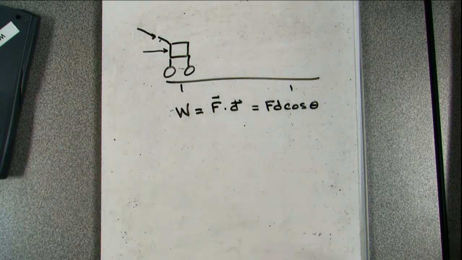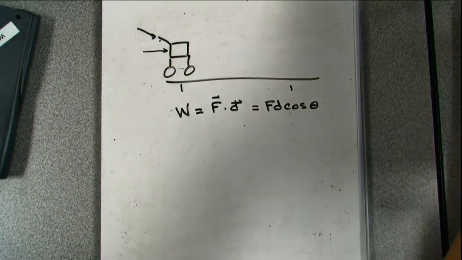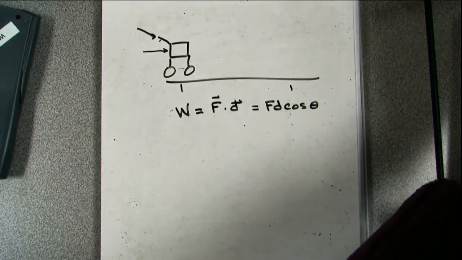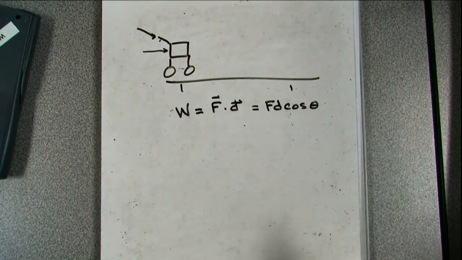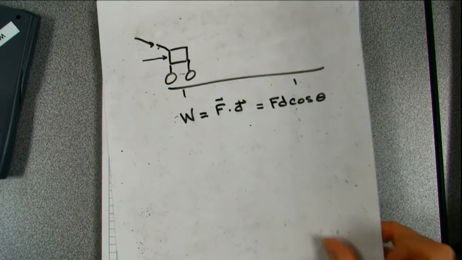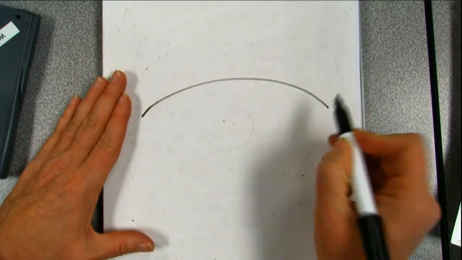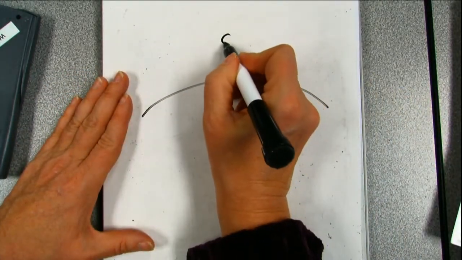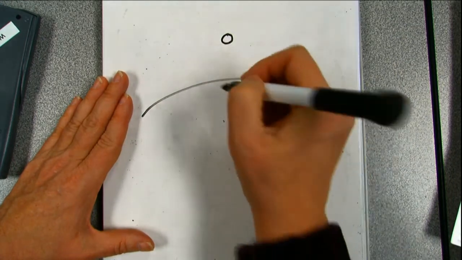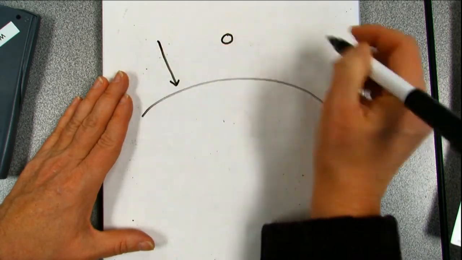Well, we're going to do something similar, because we deal with a field force. Remember, gravity is a field force. So if I'm sitting here on the surface of the earth and I have a ball, gravity is going towards the center, right?